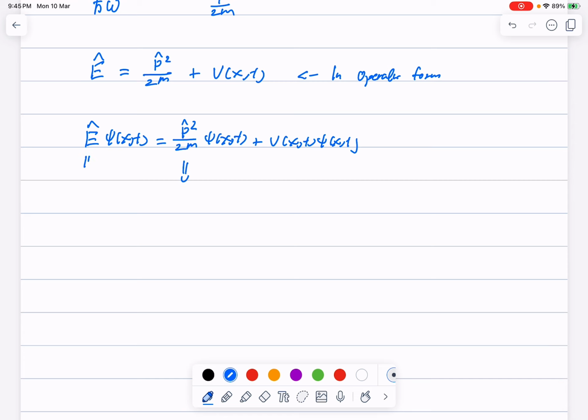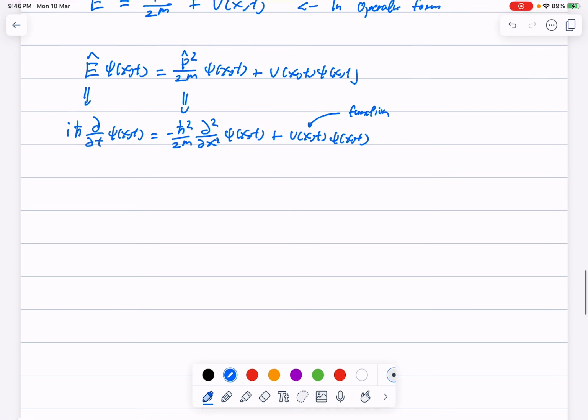We could rewrite all of these operators as i h bar partial derivative with respect to t of psi(x,t) equals negative h bar squared over 2m second partial derivative with respect to x of psi(x,t) plus V(x,t) times psi(x,t). Note that V is just a function, not an operator.